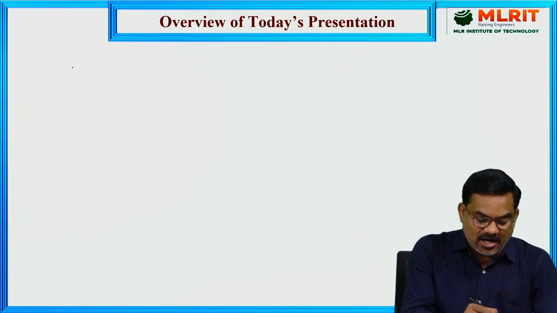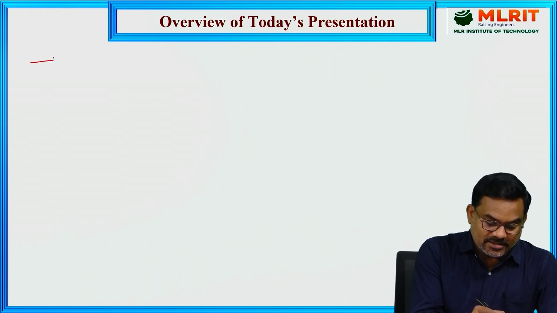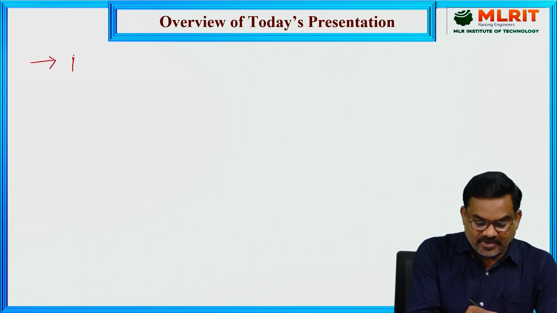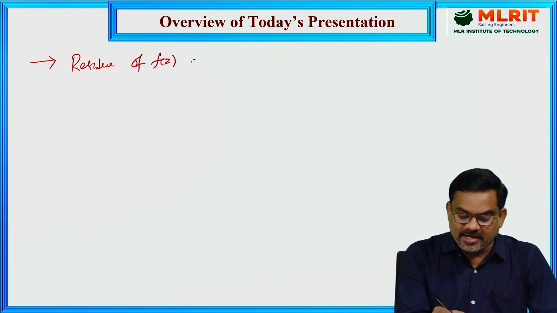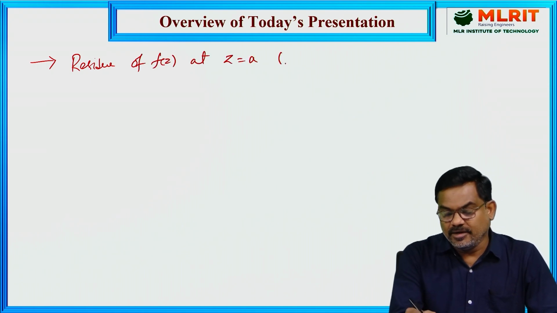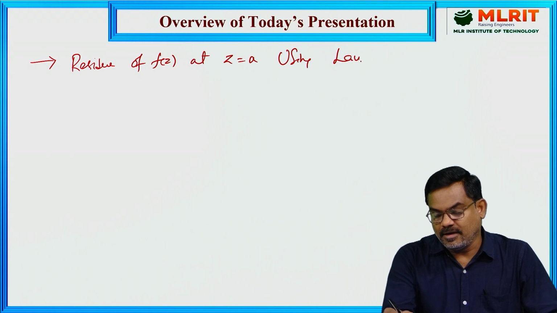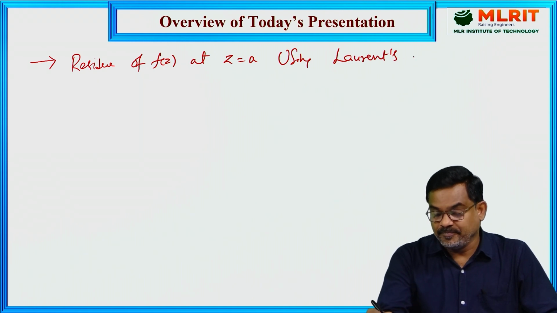Today I am going to explain the procedure of finding the residue of a function f of z at a pole z equal to a using Laurent series expansion.